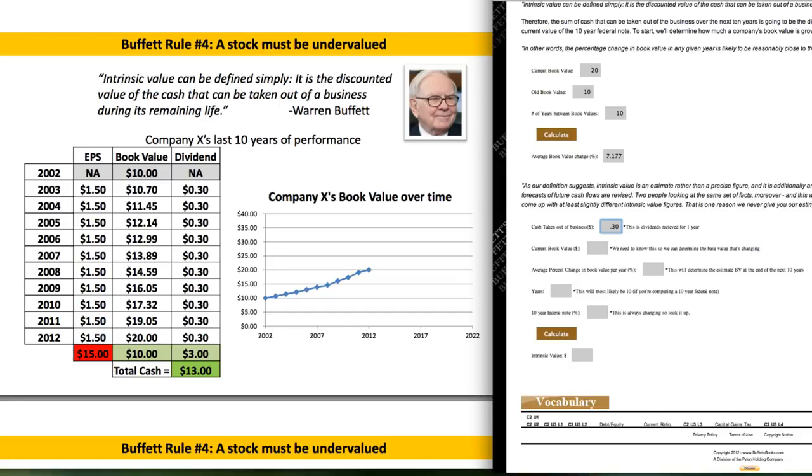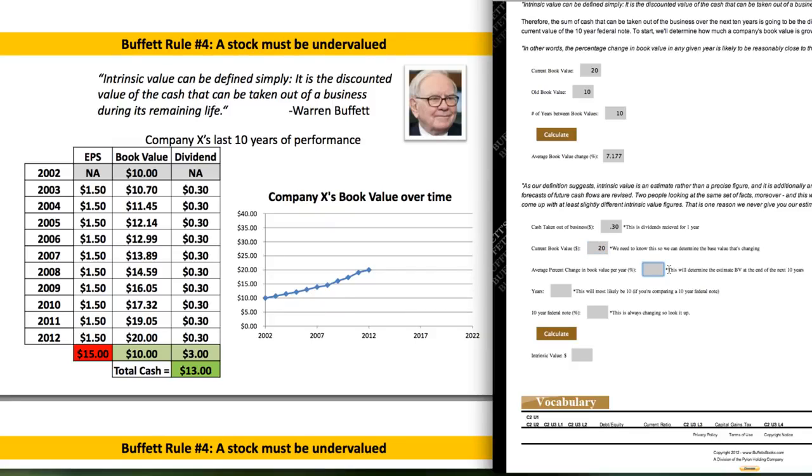So just put in the dividend payment for 1 year. For 1 year, we're going to say that you would make a 30-cent dividend, okay? So you put in 0.30 there. And then the current book value in 2002 is $20, so we're going to put 20 in there.